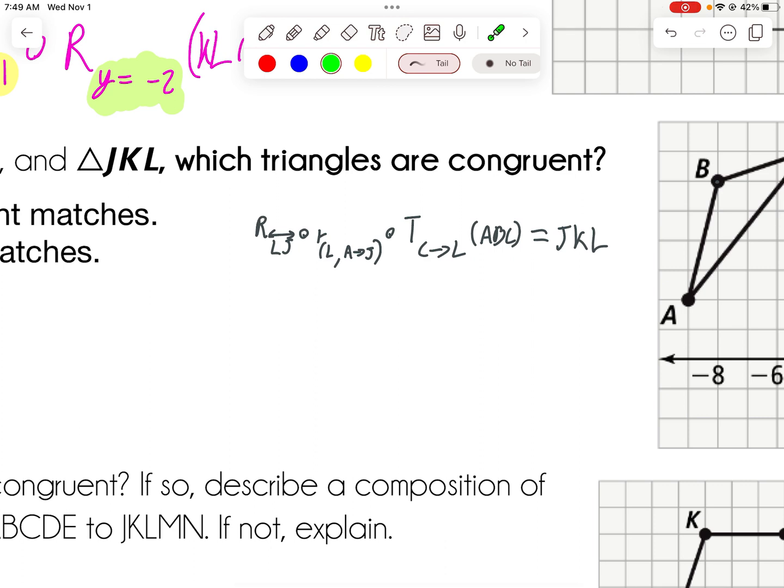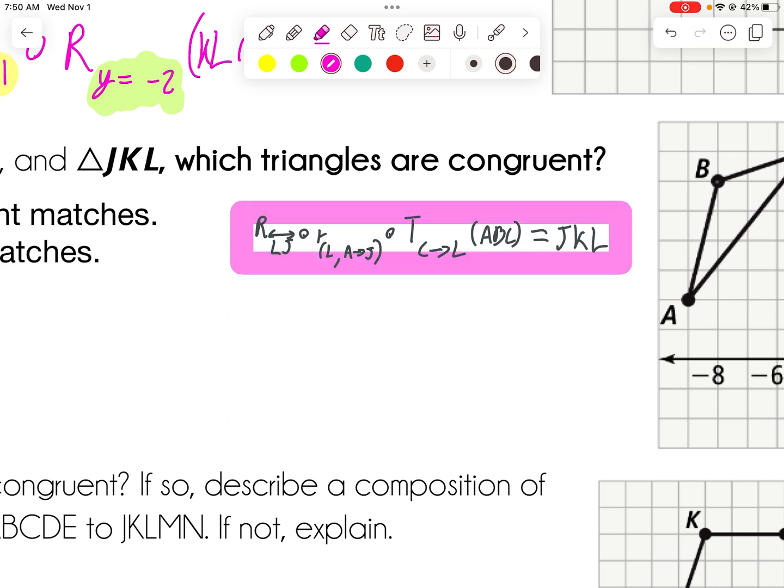The next thing to note is that this isn't an answer to a question. Are the triangles congruent? This is the reason for our answers. We know the triangles are congruent because of these transformations. Okay? The translation, the rotation, and the reflection. We know the triangles are congruent because of that, so this is really our reason.